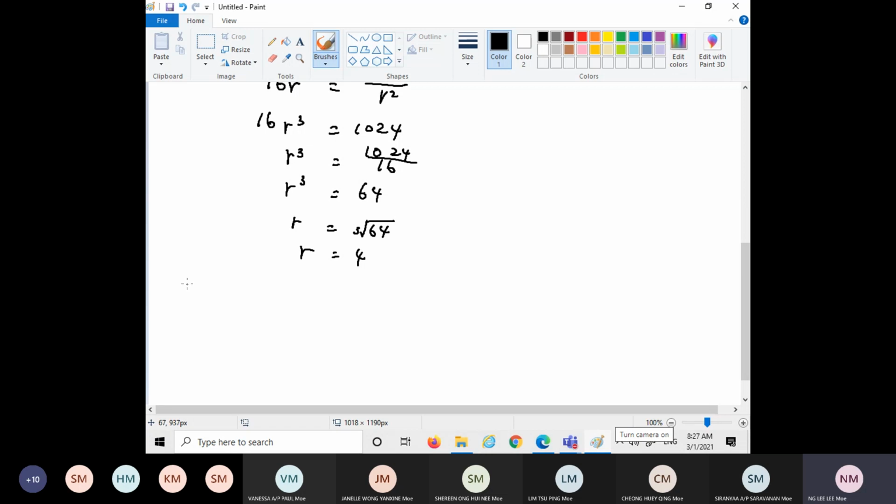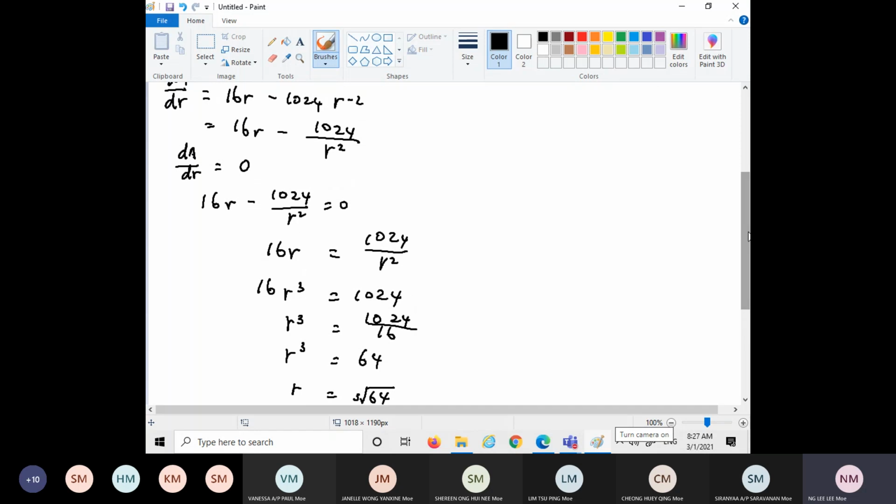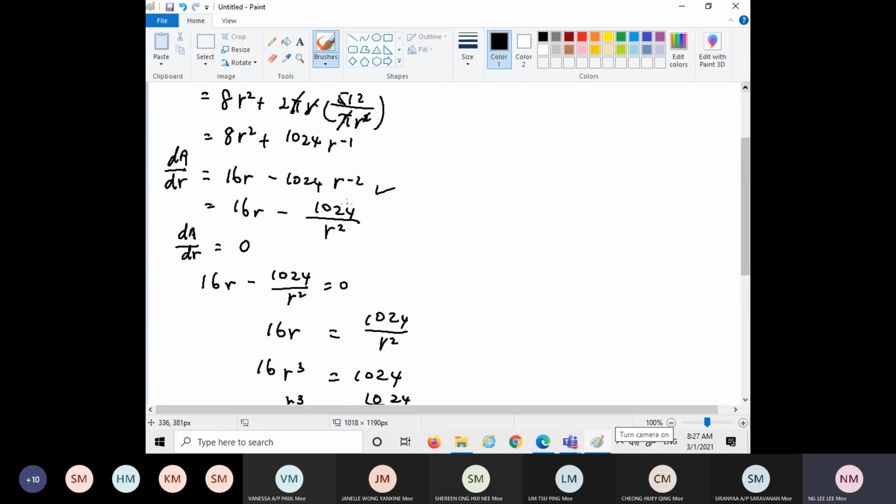So I have to do a differentiation one more time. Just now is 16R, so 16. Just now is negative 1024. Maybe I do it at the side, easier.